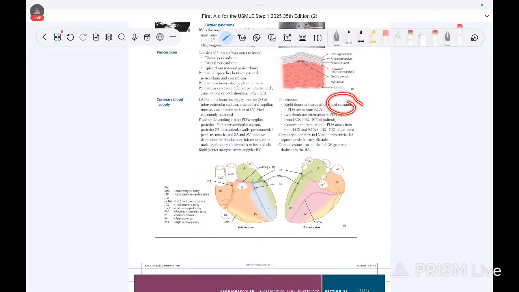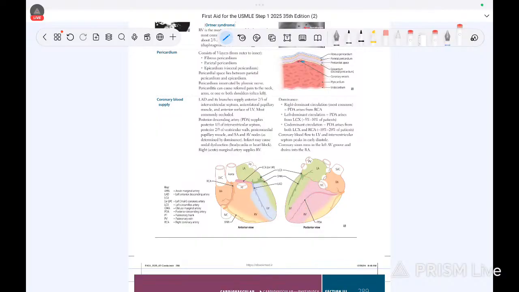It is most common. Next is the left dominant circulation, if the PDA arises from the left circumflex artery. So this is the left circumflex artery. If the PDA, the posterior descending artery, arises from it, this is left dominant.